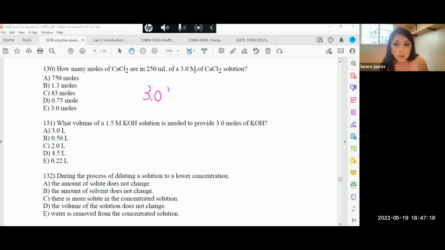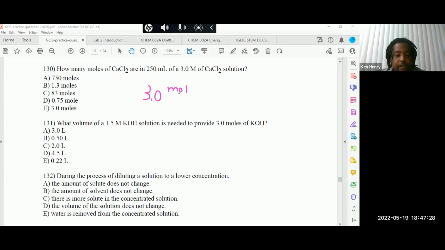The equation for it? Yeah, how would you calculate it? Moles over liters. Okay. So it actually means moles over liters, right? So we have 3.0 moles over 1 liter. That's what it means, right?